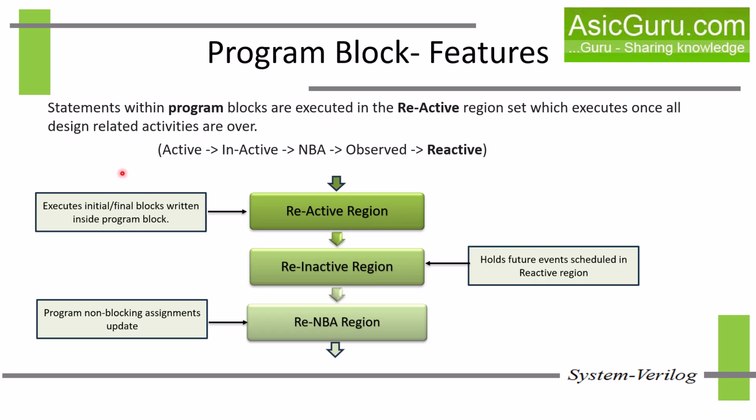If you remember, the event region flow during a simulation follows this sequence. First is the active region, then inactive, then the non-blocking assignment region, then observed, and then reactive. The reactive region is where program blocks execute, and it ensures that the test bench runs after the design updates, because design updates already happened in the active, inactive, and NBA regions.